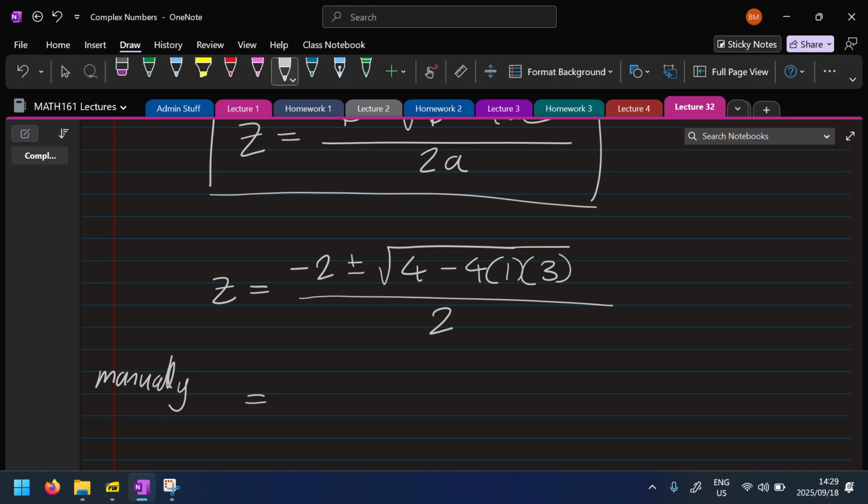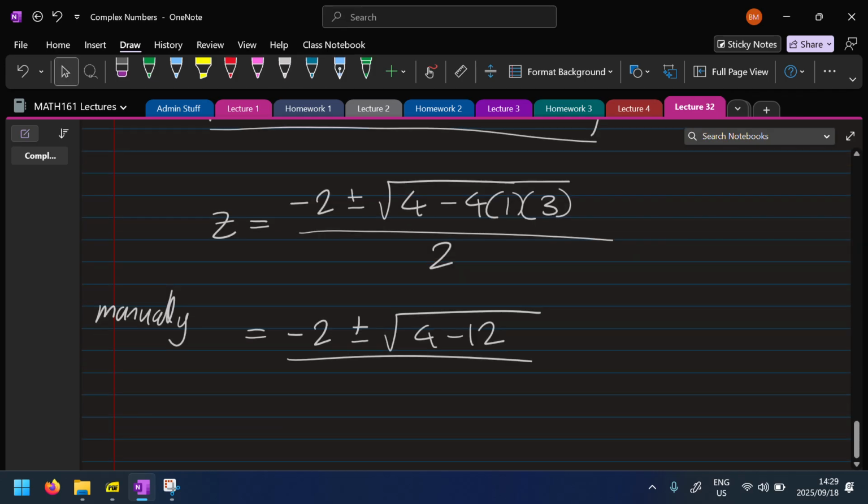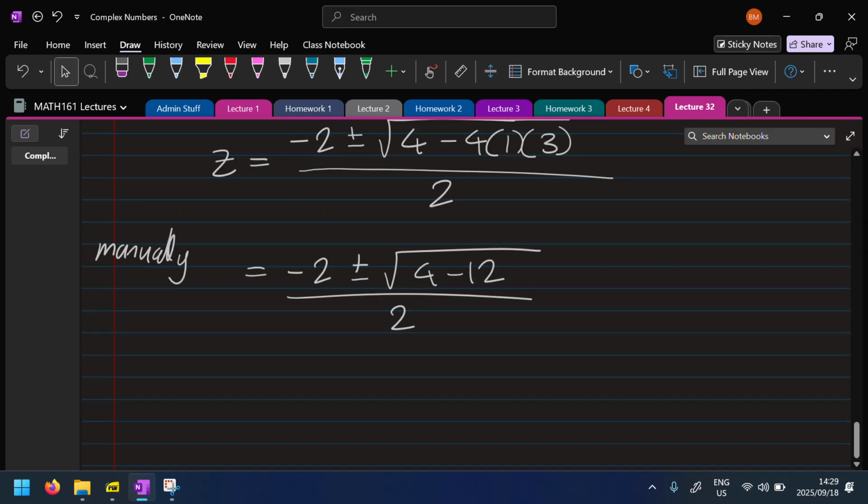Just in case it doesn't work and then you're stuck, you need to know how to do it manually. So we have minus 2 plus minus the root of 4 minus 12, over 2. Already we can see some problems with that. So this is going to be minus 2 plus minus the root of what?